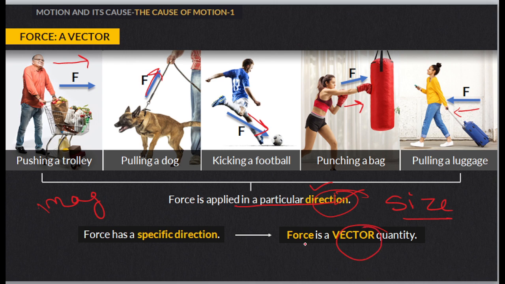So force is a vector quantity because it has a magnitude as well as direction. The quantities which have only the magnitude or only a value, we call scalar quantities, but force is a vector quantity. In case of a scalar quantity, there is no direction of that quantity. But in case of force, we have seen that it has a specific direction, right?